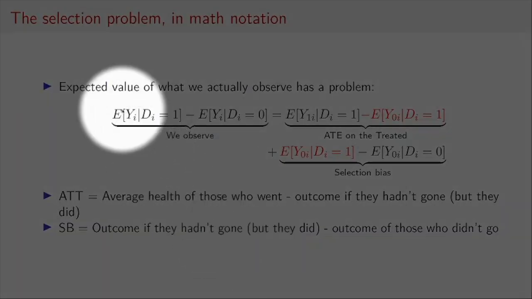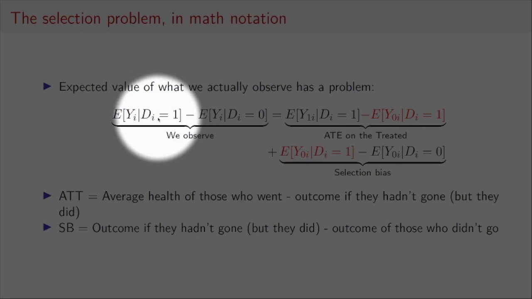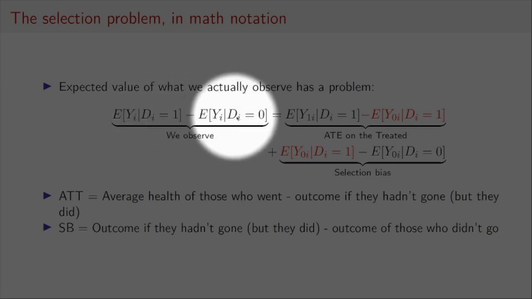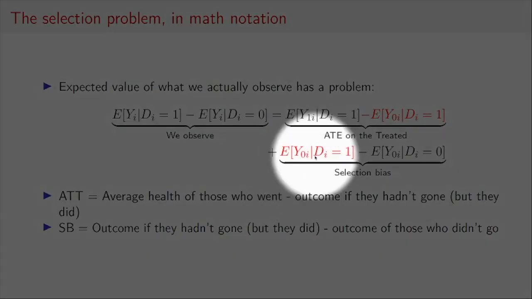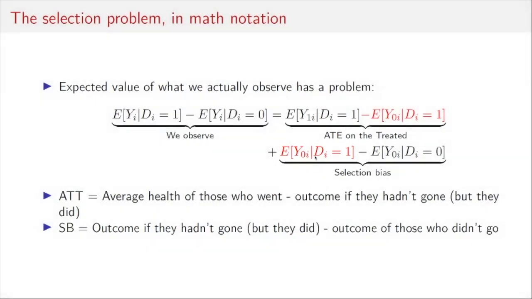Now what we observe is the average impact, or the expected value of health for those who went to the hospital minus that of those who did not. If we simply insert this term in red, first with a minus, then with a plus, we see what selection bias is. Here we have conveniently split this into two terms.